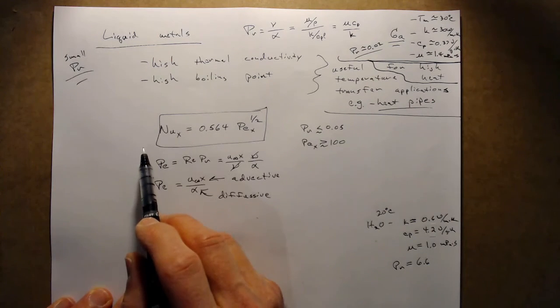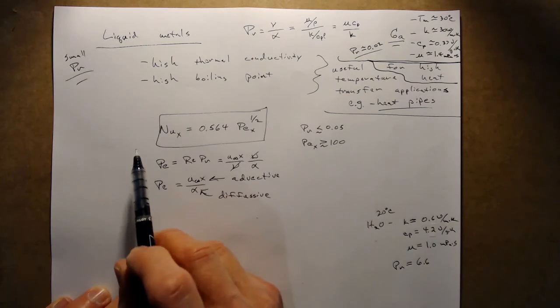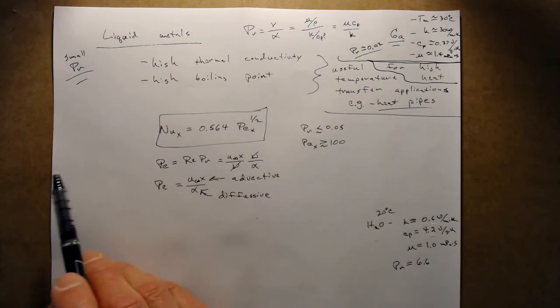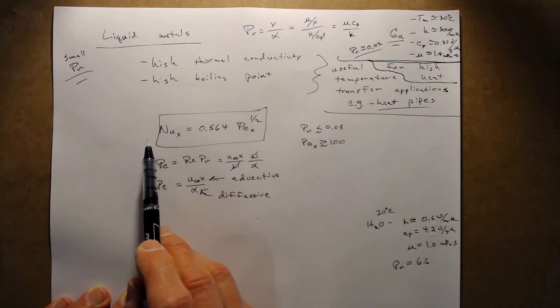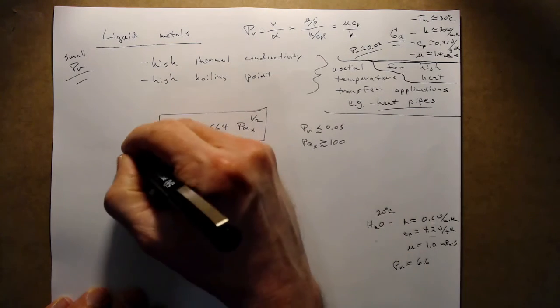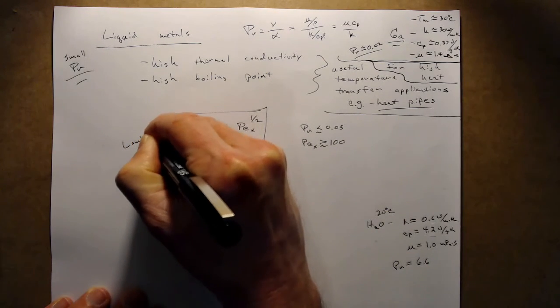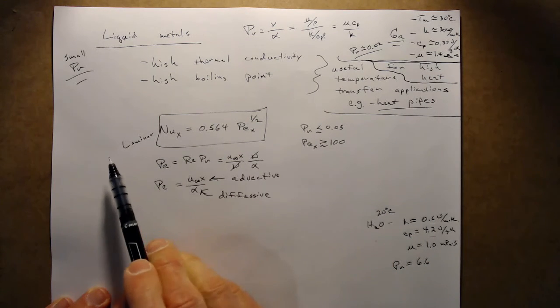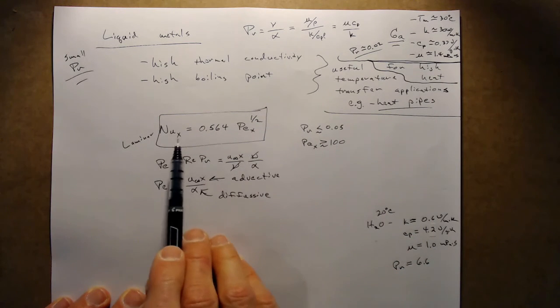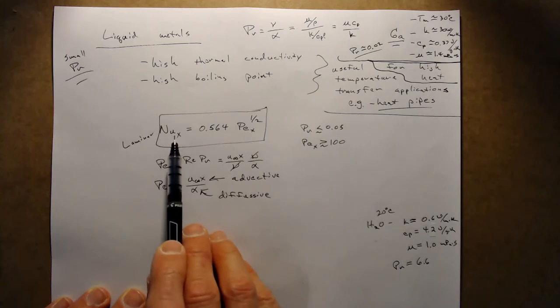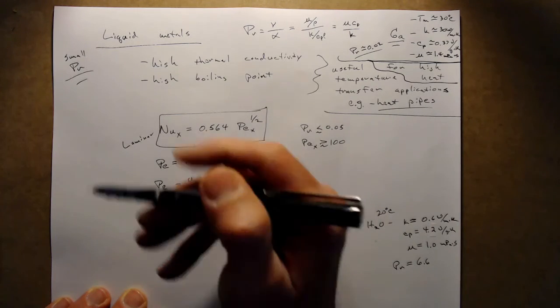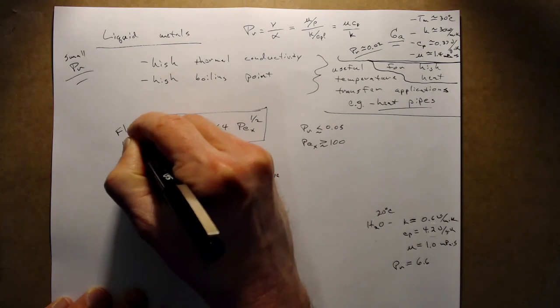So for liquid metals and other really low Prandtl number applications, we have a different solution. And this is expressed, specifically for laminar flow, as the local Nusselt number at x, and again, this is for a flat plate.